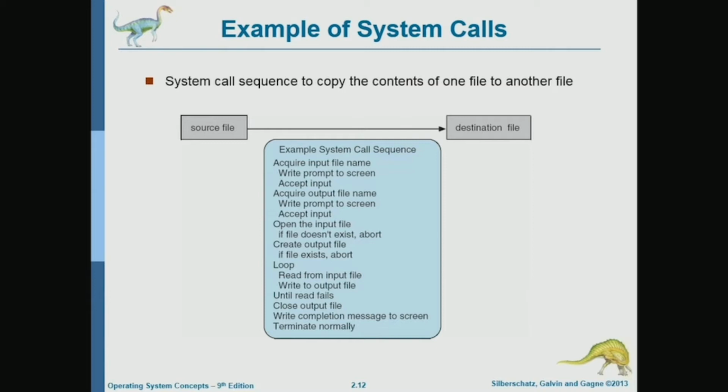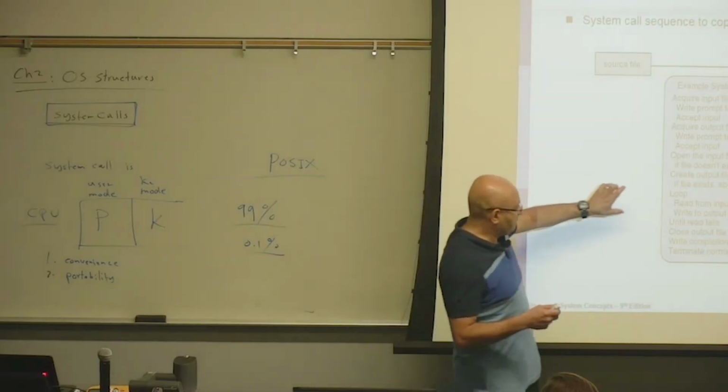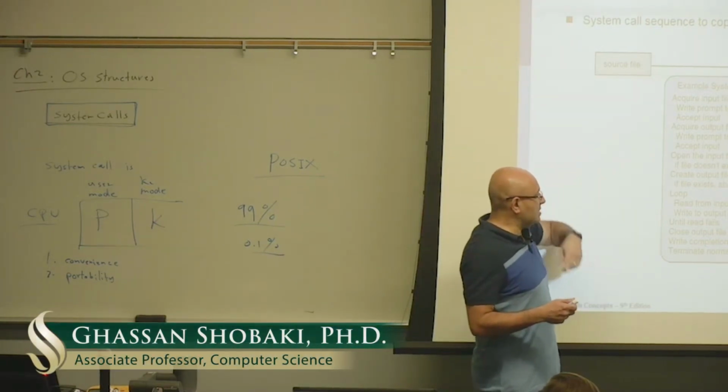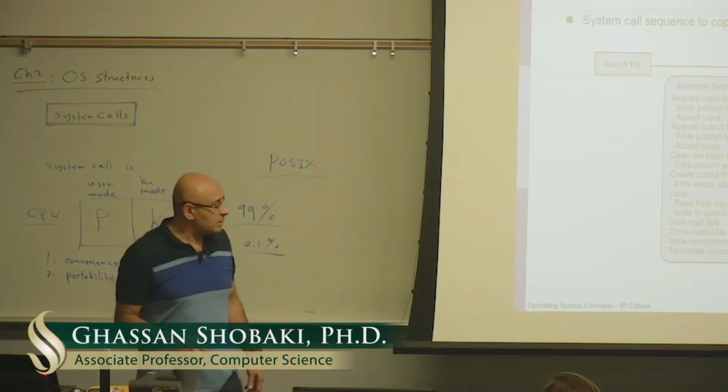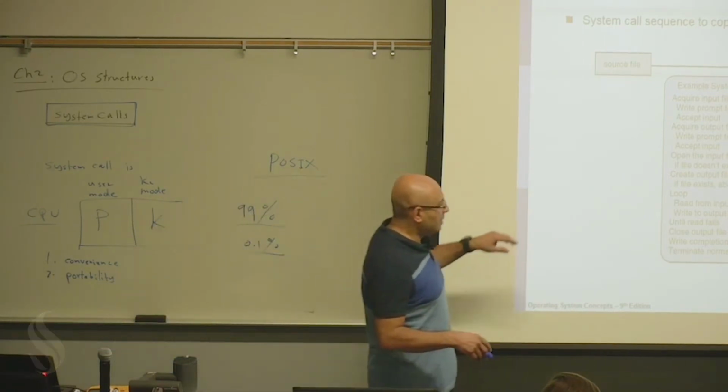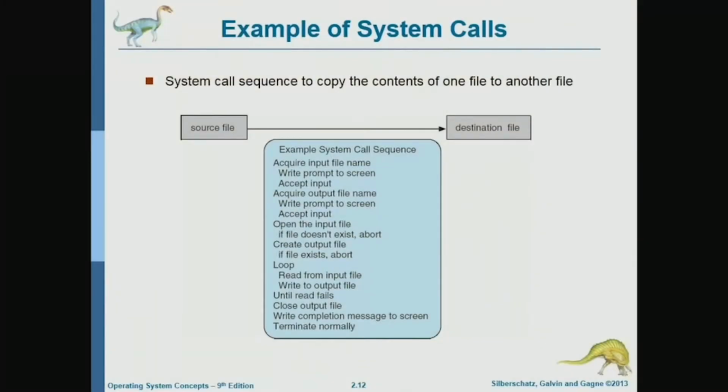Then the main body of this program is a loop that reads from an input file, whether it's character by character or string by string or whatever, and writes to the output file, and all of these are system calls. Okay? So this is just an example to show you how an application may be making many, many system calls.